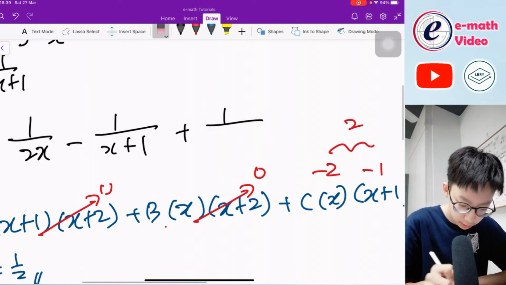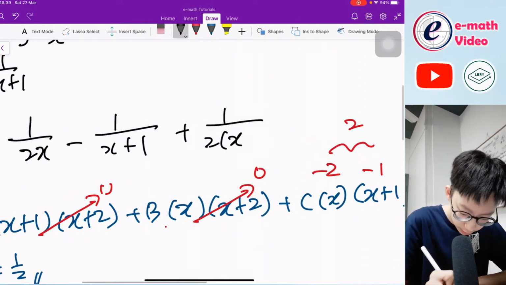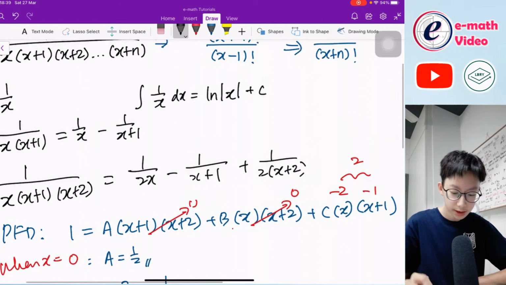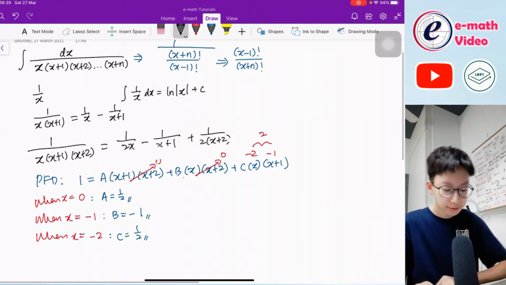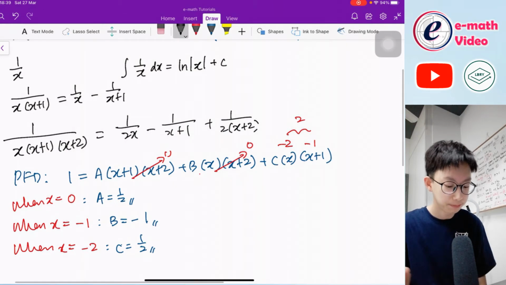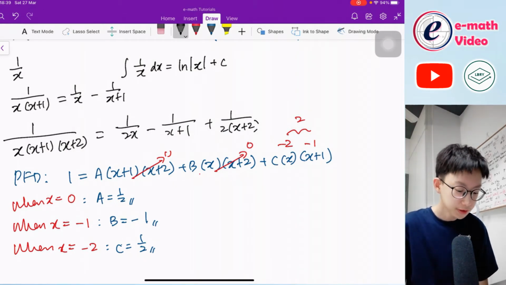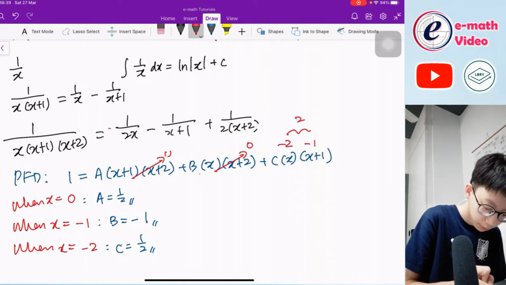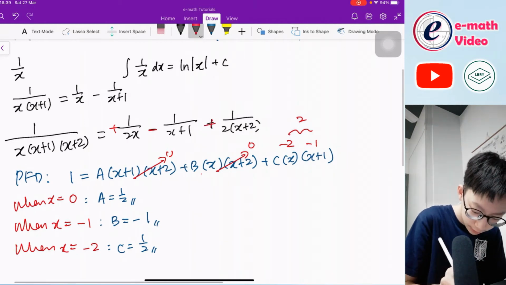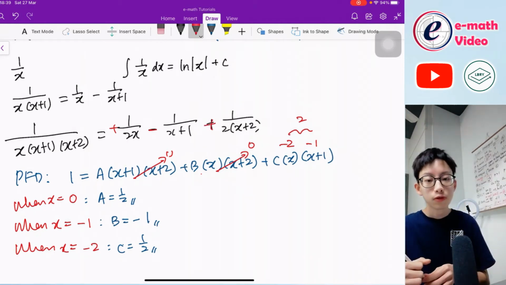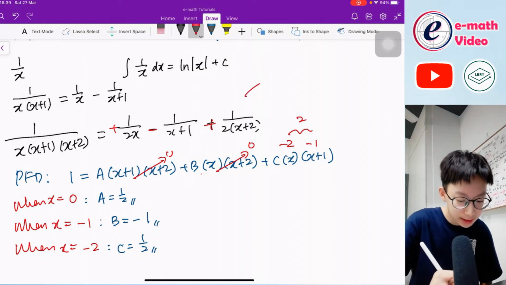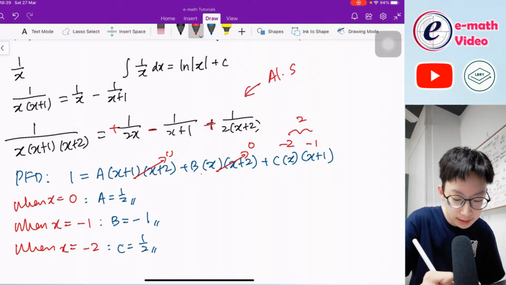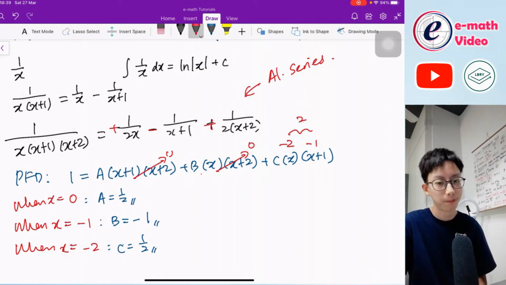This is 1 over 2 times x plus 2. Right? So I think you can start to see the pattern already. First of all, if you notice, it is positive, negative, positive, negative, right? So I think this is an alternating series on top. Agree?